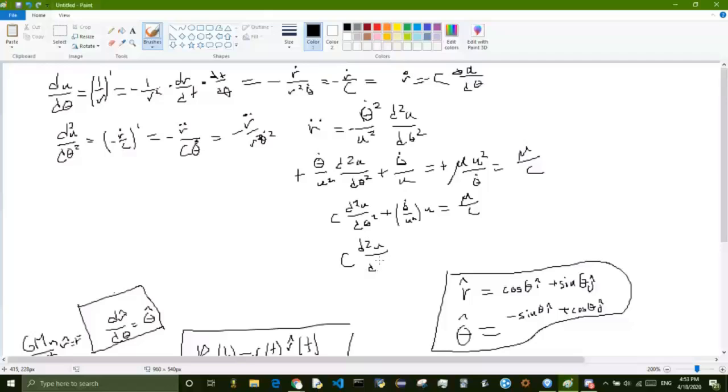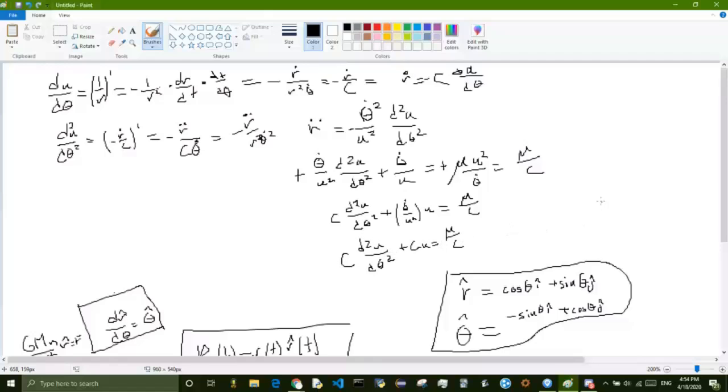c times the second derivative of u with respect to theta, plus c times u equals mu over c. Now this is very nice. Well, essentially we're done here, right? I could conclude here, but for the sake of finality, let's just go through and solve this.